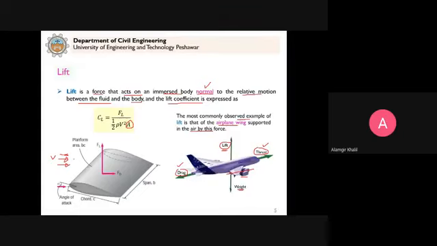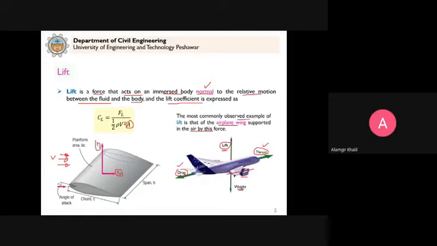So when the fluid flows past this object, you see these two forces are developed: the drag force, which is denoted by Fd, and the lift force, acting perpendicular to the direction of relative motion between fluid and the body.